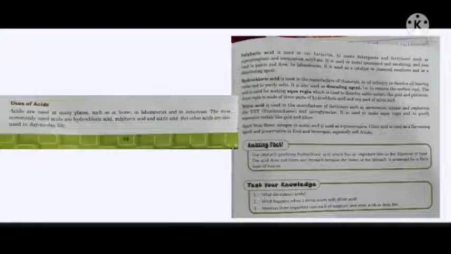Natural acids are such as lactic acid, tannic acid, amino acid, tartaric acid, citric acid, malic acid, acetic acid, ascorbic acid. These are examples of natural acids, and these acids are found in food items like milk, curd, tea, grapes, tamarind, orange, lemon, apple, vinegar, amla.